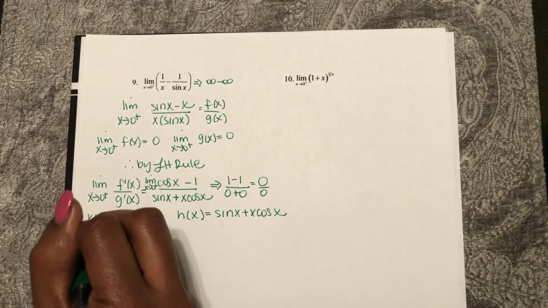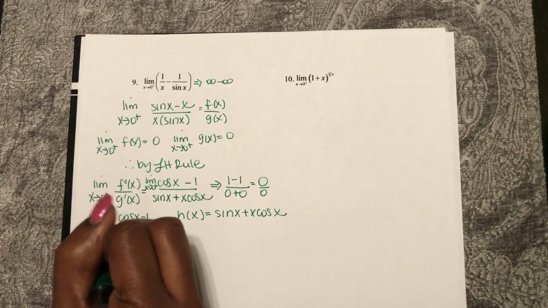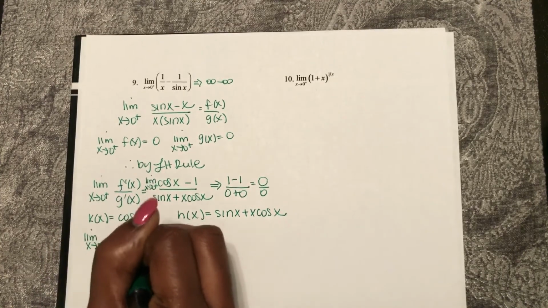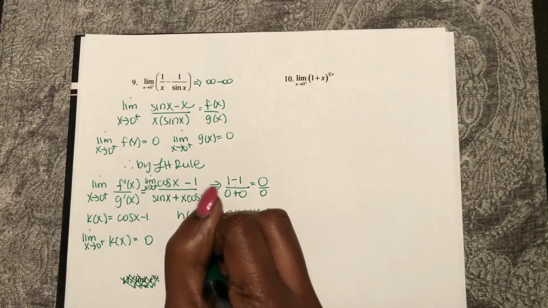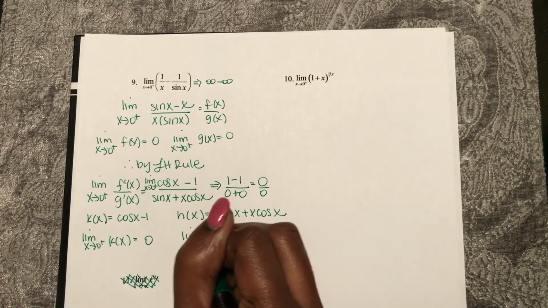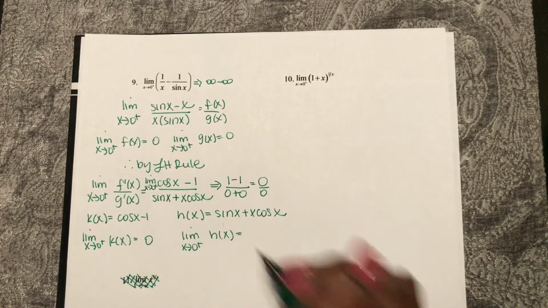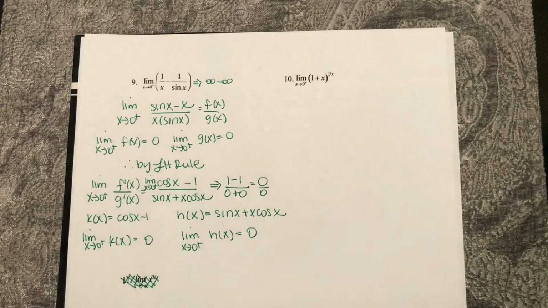So now let's check my limits. The limit as x approaches 0 from the right of k of x equals 0. The limit as x approaches 0 from the right of h of x equals 0.